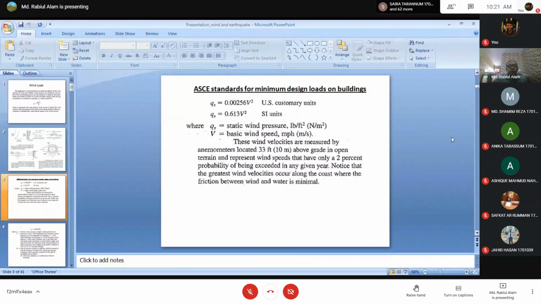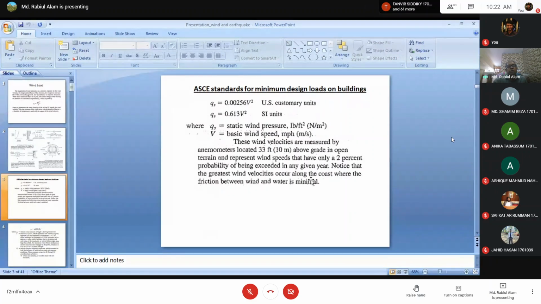So this is the static wind pressure, and this pressure will be modified due to some ground characteristics of our earth, and also by structural shapes, and also by your exposure terrain or exposure systems.